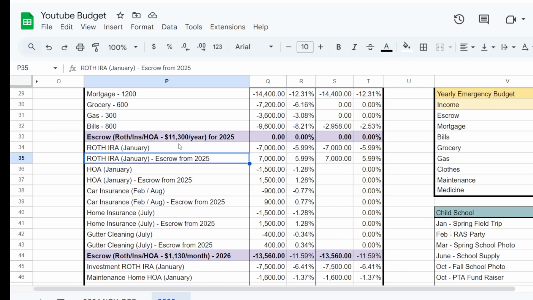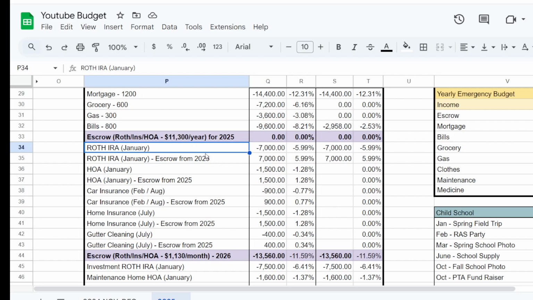So, escrow. I know escrow is used for mortgages where the mortgage company will take your money and save it for the home insurance. But I know Dave Ramsey talked about sinking funds. I just call this escrow because it's easier for me to remember, but it's the same concept as the Dave Ramsey sinking fund.